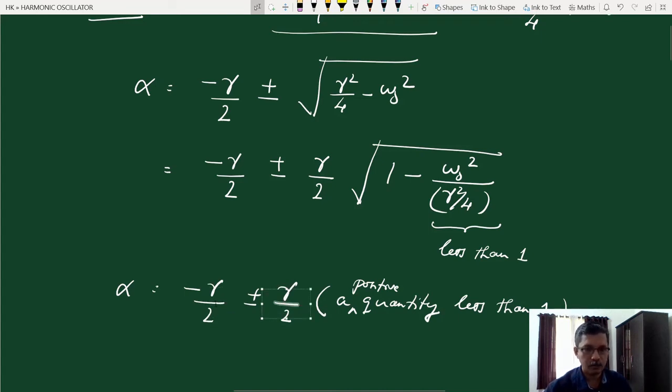You are adding to minus gamma by 2 a positive quantity whose value is less than gamma by 2, because you are multiplying gamma by 2 with a positive quantity less than 1.